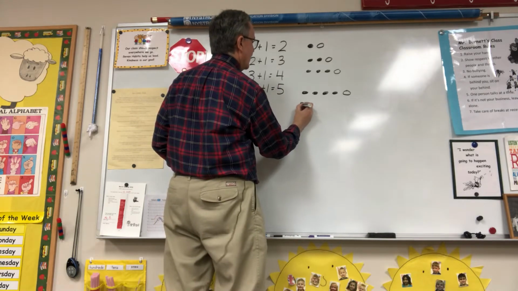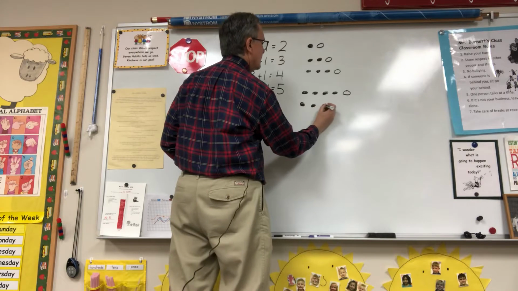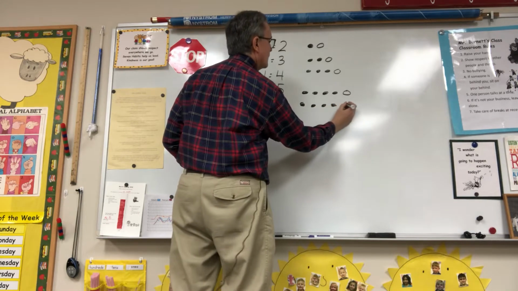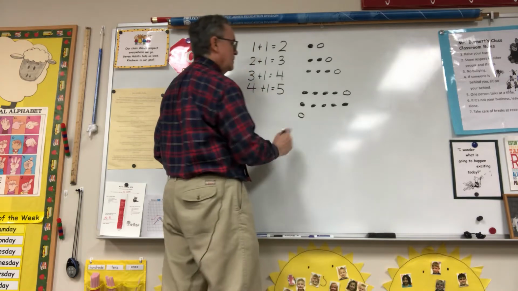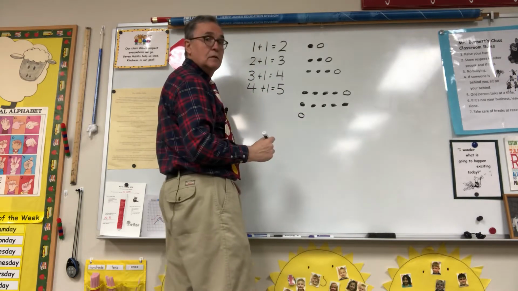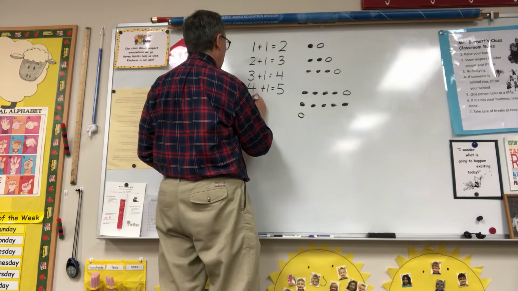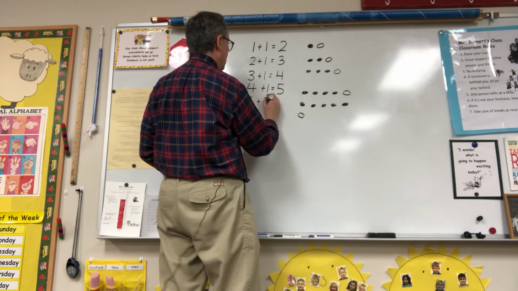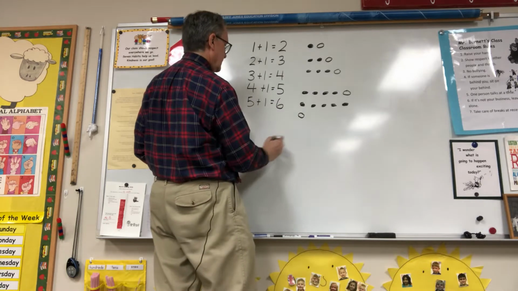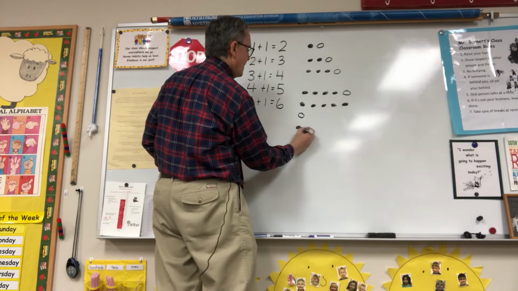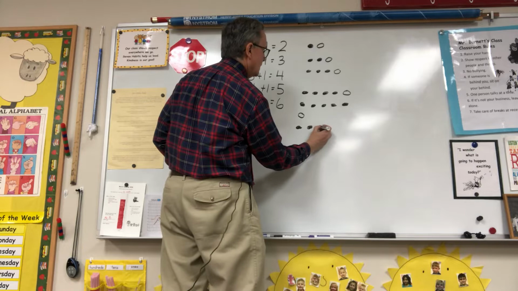Now, what if I have 5 dots? And then I add one more. I'm going to add it down here. Keep this a 5 group. 5 plus 1 equals 6. What if I have 6 dots?